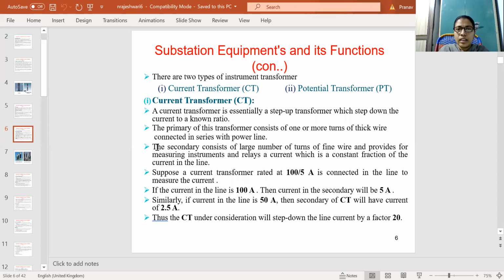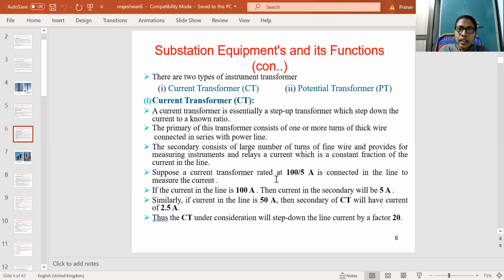The secondary side of this transformer consists of a large number of turns of fine wire. Measuring instruments and also relays are connected at the secondary side, with a current which is a constant fraction of the current in the line. Suppose a current transformer rated at 100 by 5 amperes is connected in the line to measure the current.